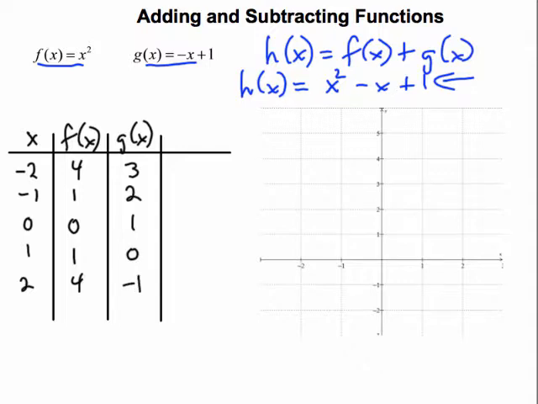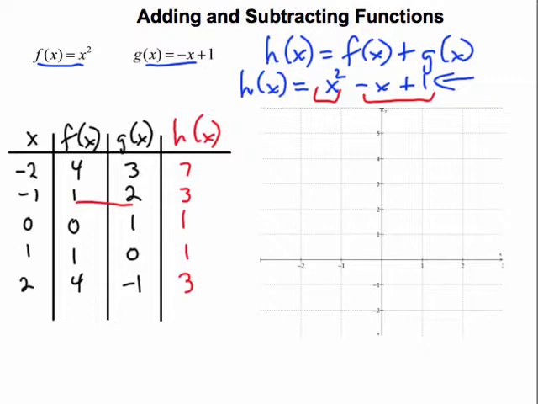And so for h of x, for a given value of x, our new y value is just the sum of our original y values. So our new y value would be 7, sum of these 3, 1, 1, and 3. Okay, so that makes sense.